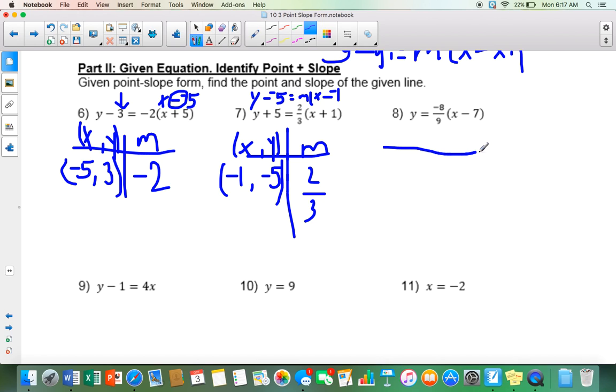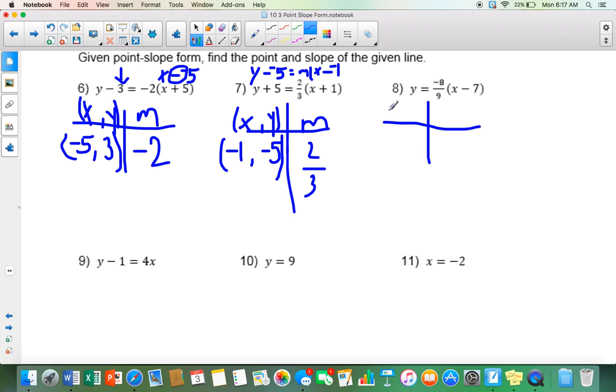Okay? Let's go to the next one. X, Y, and slope. Okay, so if we look at this one, we see there's nothing over here with my y, which means my y must have been 0, because if I have y minus y1 and it's y minus 0, there's no point of having it there.